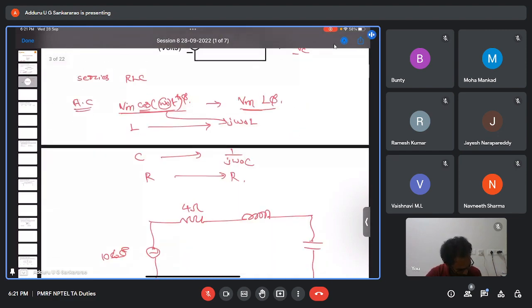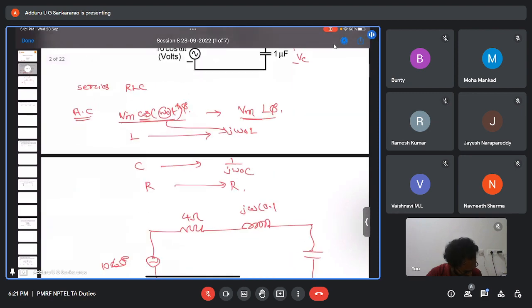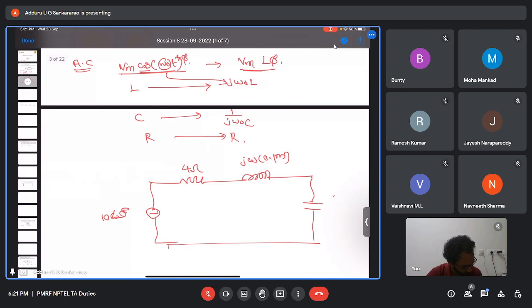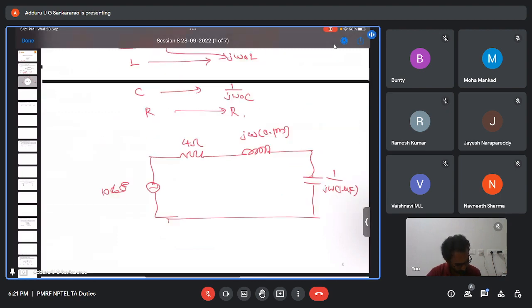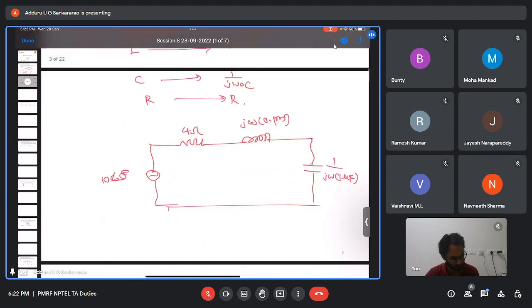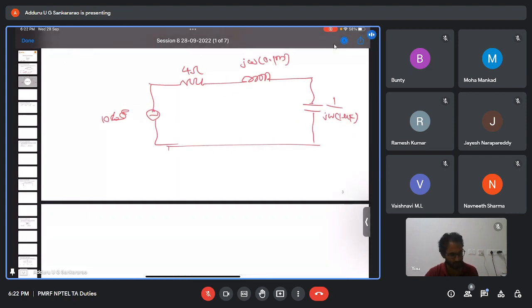The inductance is j omega L, 0.1 milli Henry, and the capacitor is 1 microfarad. But anyway, phasor domain representation is not required for this. In the question it is asked to find the amplitude of the sinusoidal voltage across the capacitor at resonance.